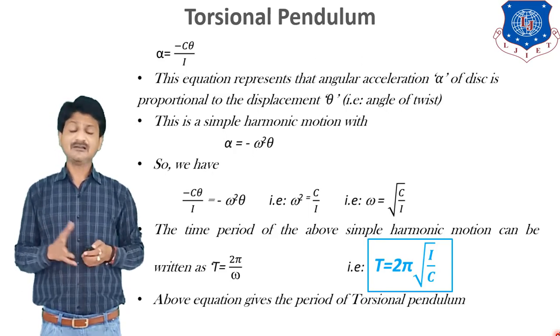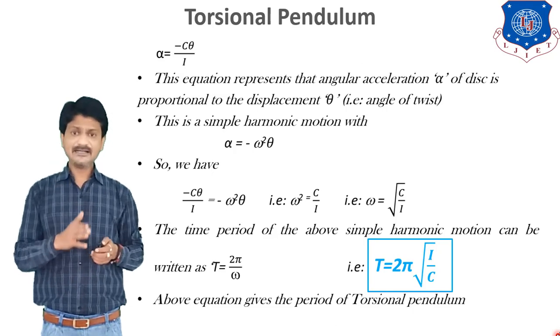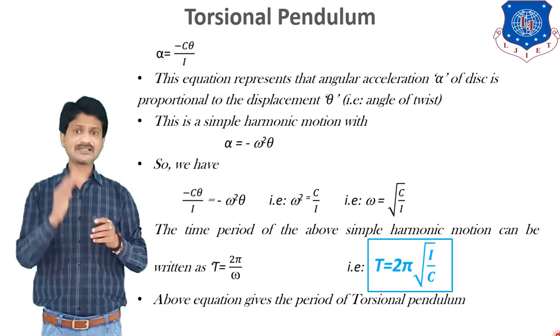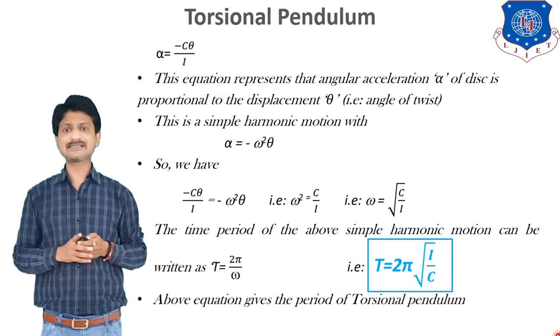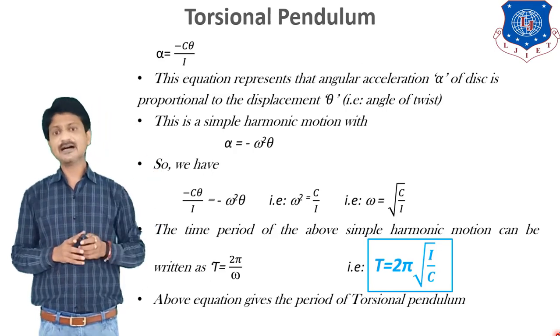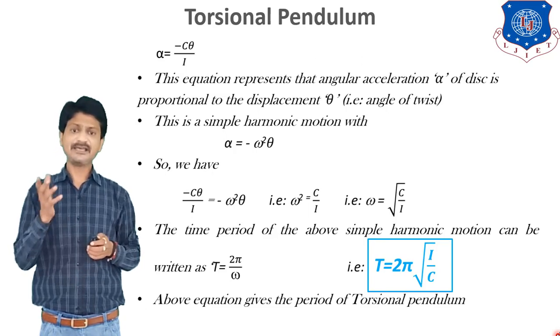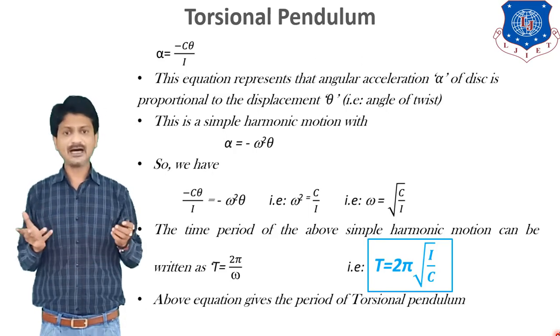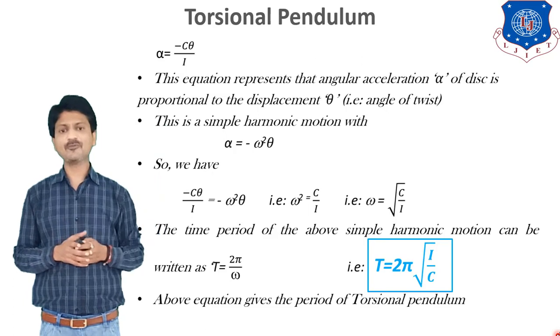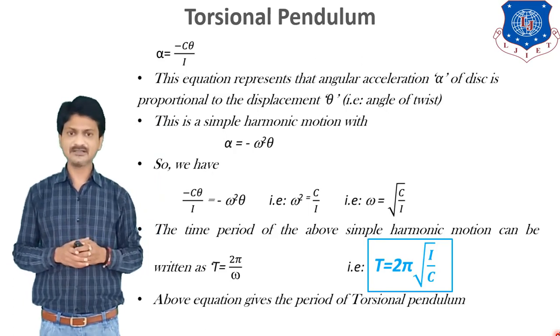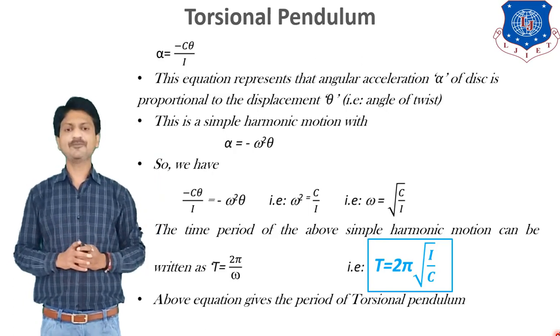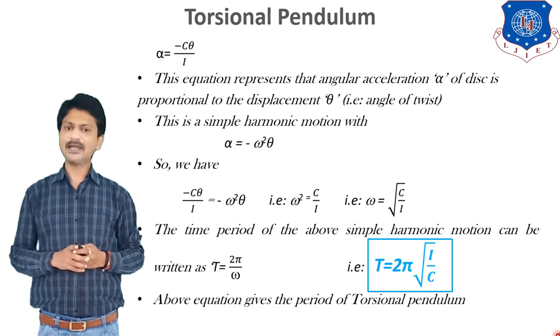And then we again compare the equation of alpha equals minus c theta upon I with alpha equals omega square theta, and then we find omega, and by replacing that value of omega into the above equation, we have the equation of time period of torsional pendulum.